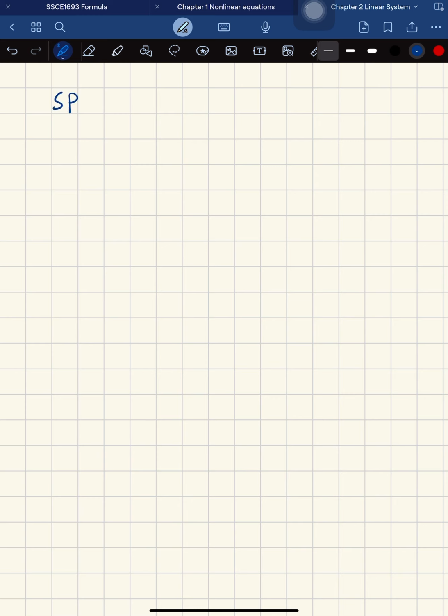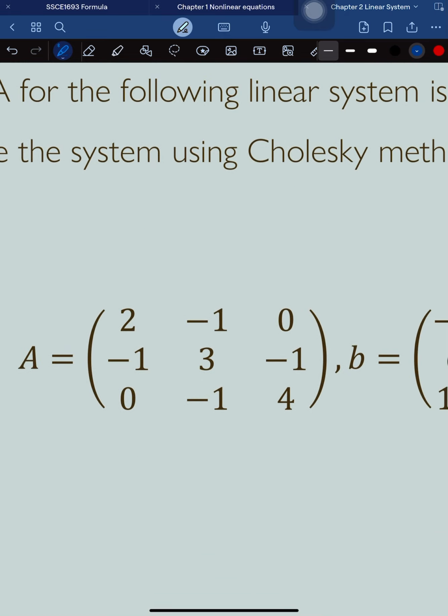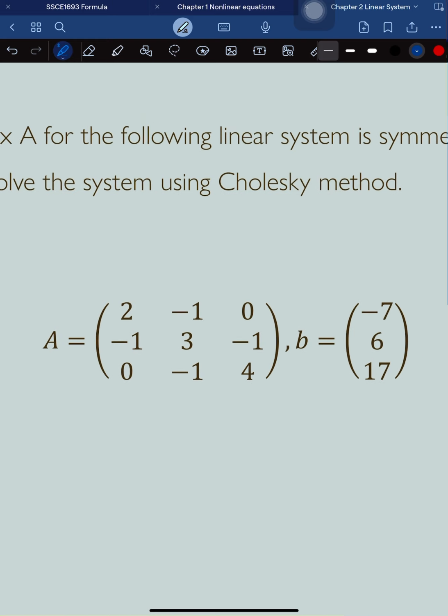So the first one is the determinant, which must not be equal to 0. You can use your calculator to find the determinant, or you can do it manually, like what you have learned in your EM1, but my suggestion is just use your calculator.